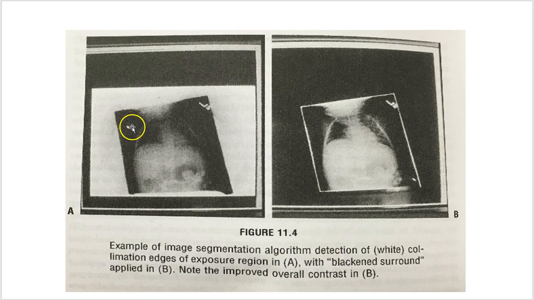And here you have this white artifact over here that's outside the patient's body. It's not even part of the real diagnostic image. But as soon as you take all these white areas that are outside the image and you make them black, wow, now you can see this lung much better. So that's an example of image segmentation.